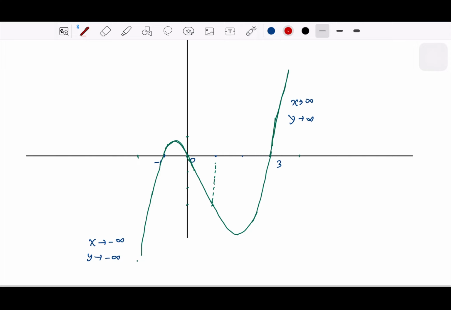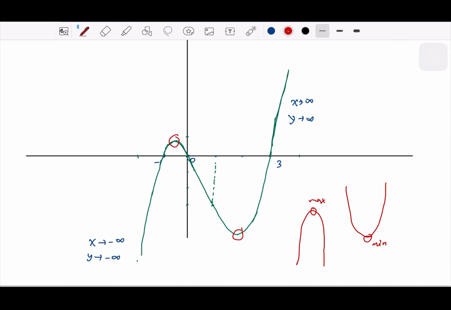But how can we say whether this point is a maximum or minimum? From the previous part on quadratic functions, we have this graph and we say this is the minimum because it's the lowest point, and we have this and we say this is the maximum because it's the highest point.